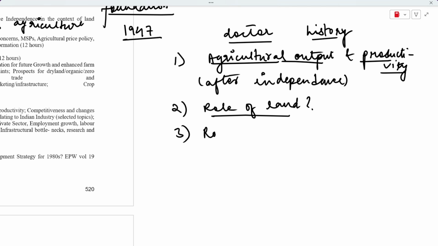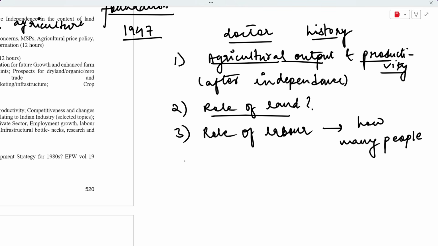The third question is, what was the role of labor? What do we mean by this? It means how many people were actually working in agriculture and how productive they were.